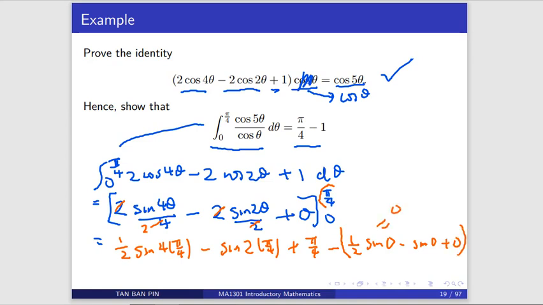Sine of 0 is 0, so everything is 0 here. Here it should give you half sine pi minus sine pi over 2 and plus pi over 4.